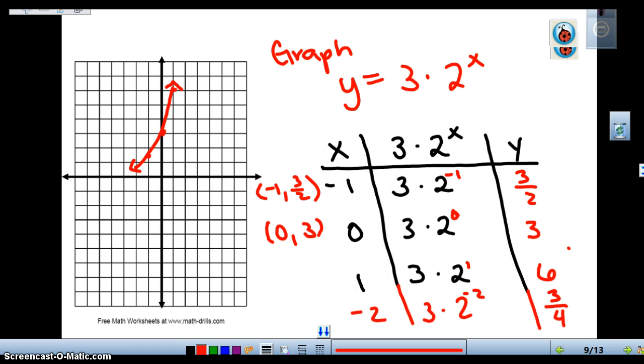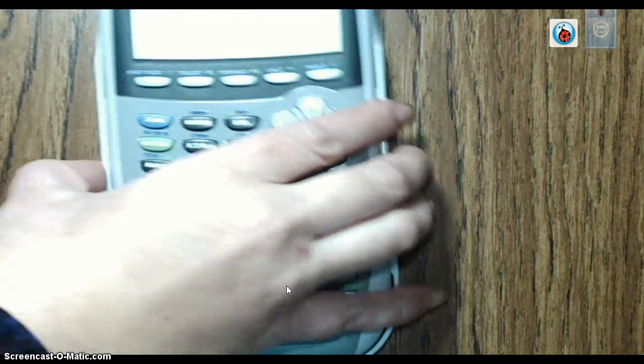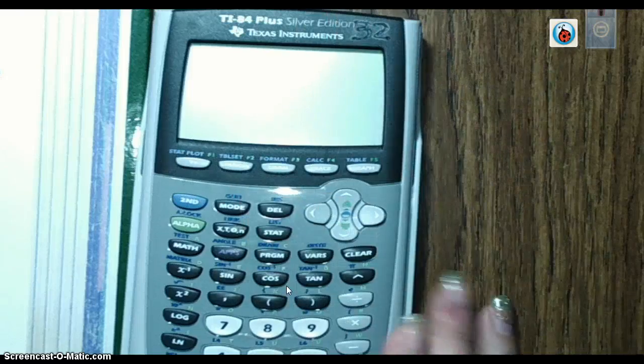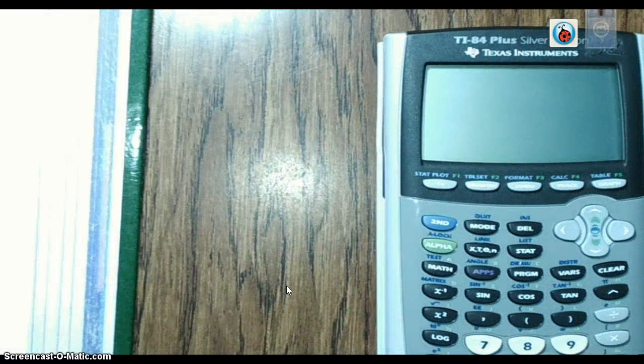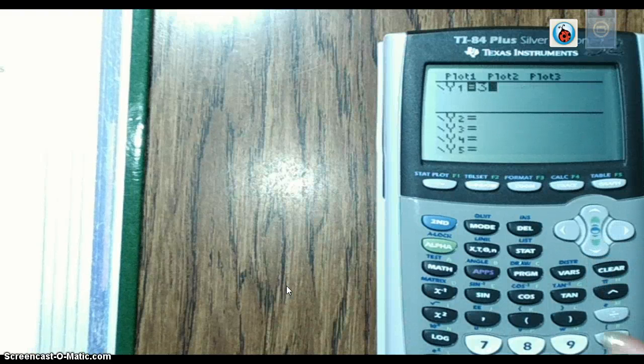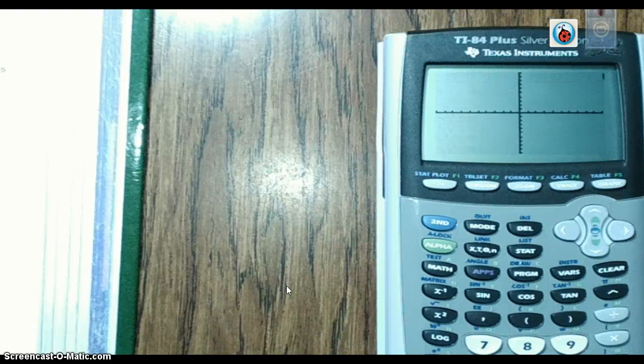Now, if you take out your calculator and input this into y, I'll try to do that also. If we input 3 times 2 raised to the x power and we see the graph, we can see our line.